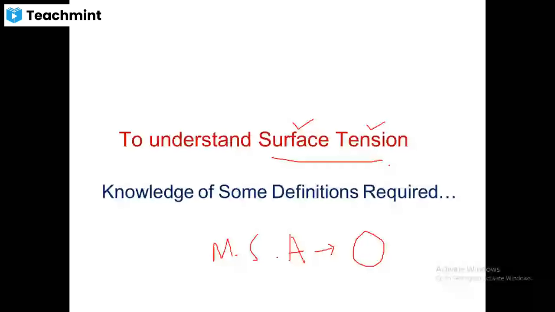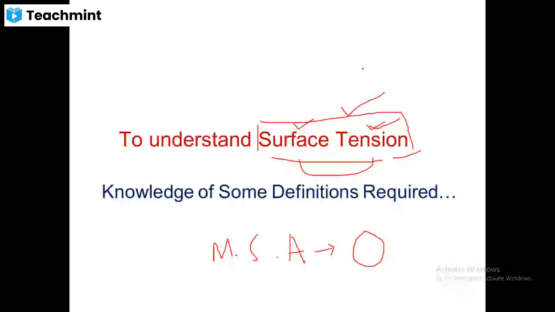So, in simple terms, the tension on the surface of a liquid, or the force on the surface of a liquid, or the pressure on the surface of a liquid is what is known as surface tension. So it is clear that always there is some tension or force or pressure on the surface of a liquid.